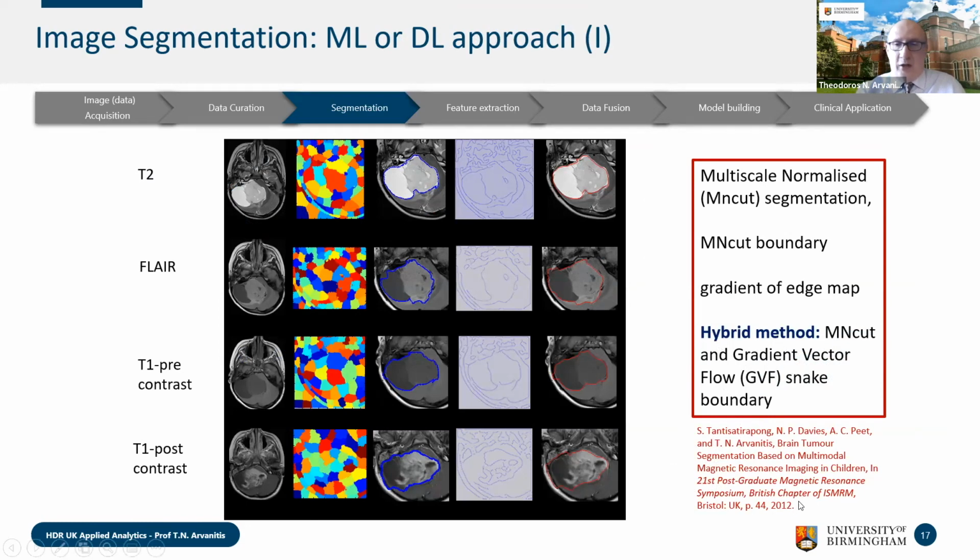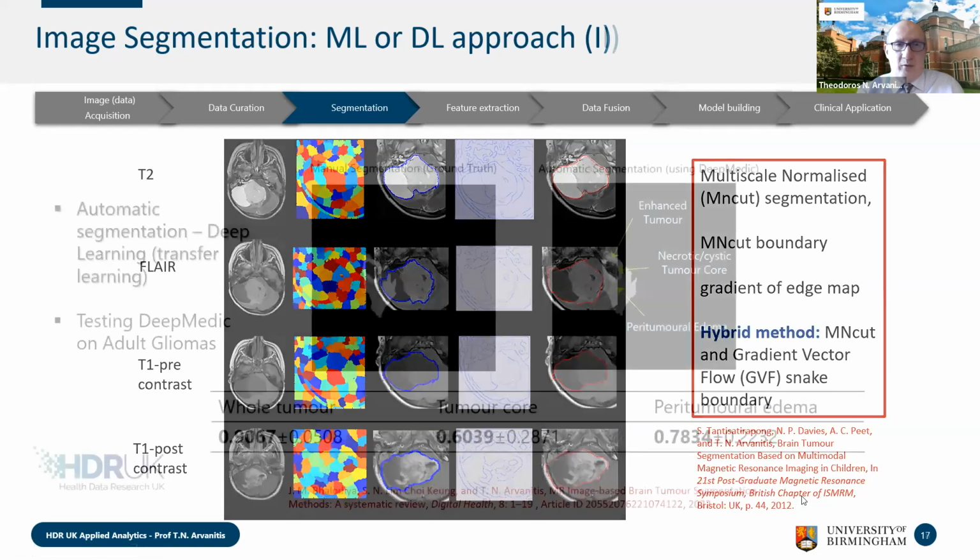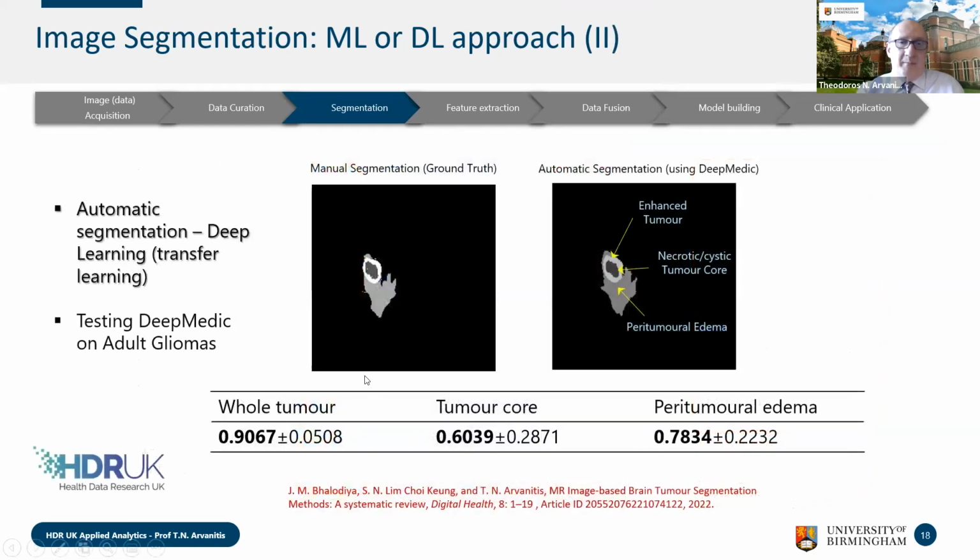And this is as early as 2012, but as we progress, we have been training, through deep learning, through data sets on adult tumors, segmentation approaches based on different deep learning algorithms.